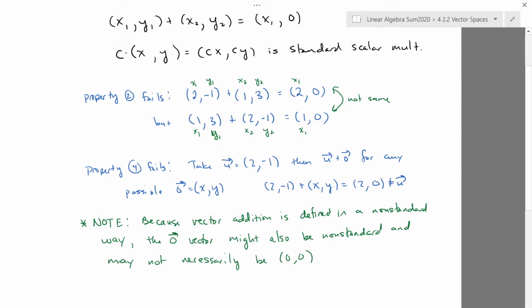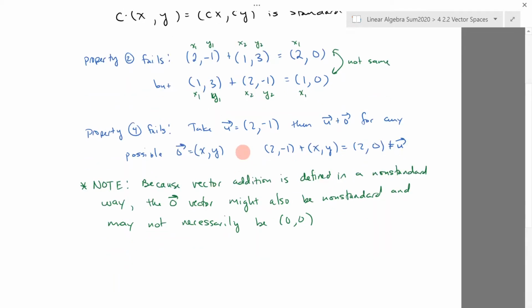But because here we've shown that property 4 fails, this set doesn't have a 0 vector at all.